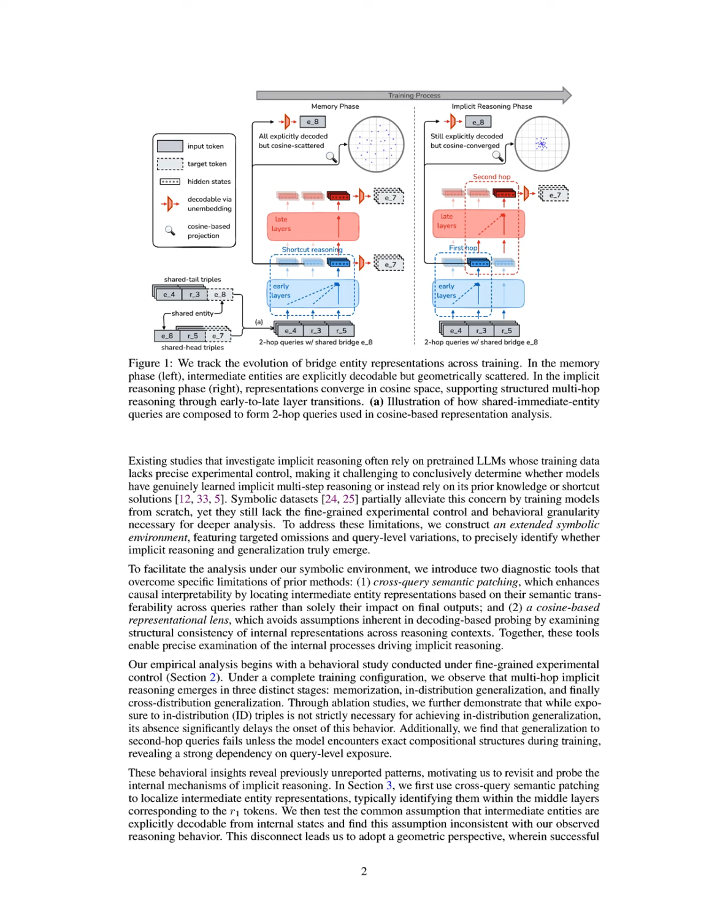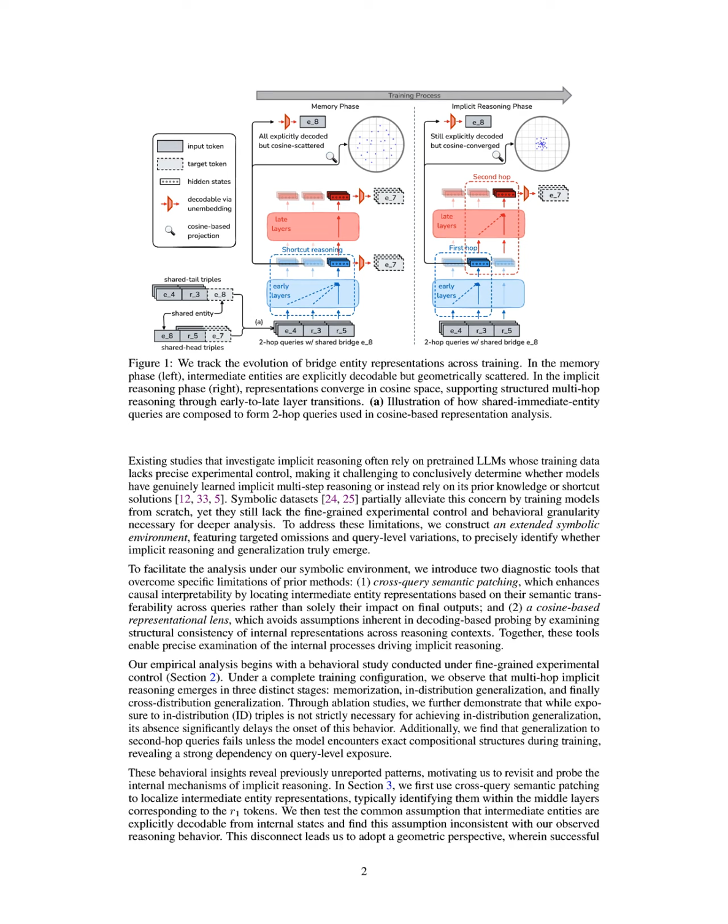To achieve this, the method employs two diagnostic tools: cross-query semantic patching, which enhances causal interpretability by identifying intermediate entity representations based on their semantic transferability, and a cosine-based representational lens, which analyzes the structural consistency of internal representations across different reasoning contexts.